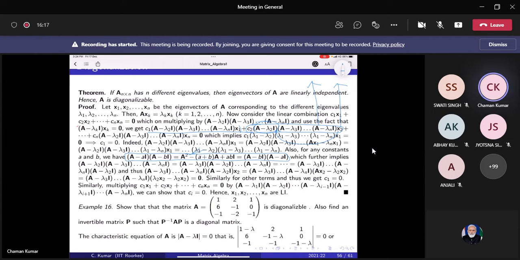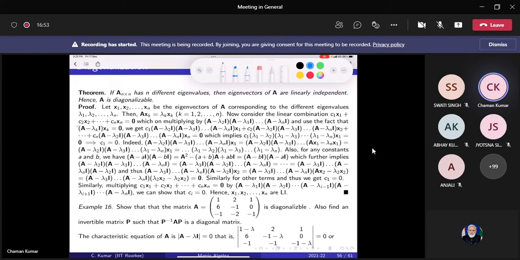Are you following? Because of this relationship, you can interchange the product: A minus aI into A minus bI, reverse the order of the product, so you will get A minus bI multiplied by A minus aI. Along with this equality, you apply the same argument.